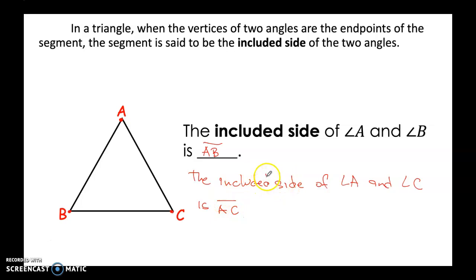Therefore, segment AC is said to be the included side of angle A and angle C.